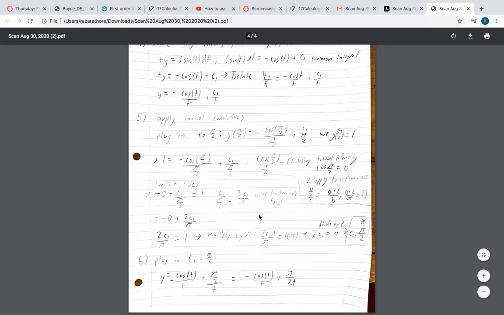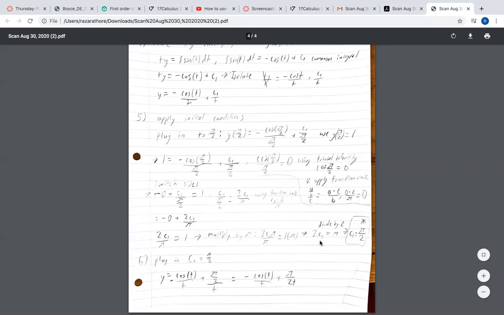When you use the fraction rule, you don't count the 0 because it's 0. And then you get 2c1 over pi equals 1. And then you multiply by pi, and you get 2c1 equals pi. So the constant that you get is going to be pi over 2 when you work that out.